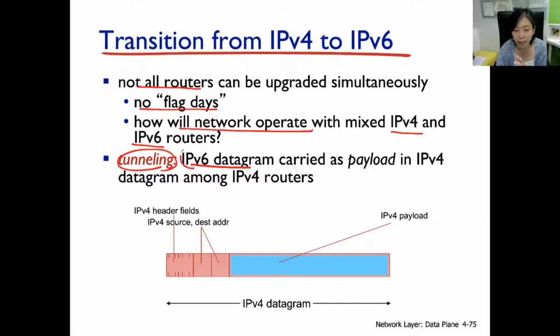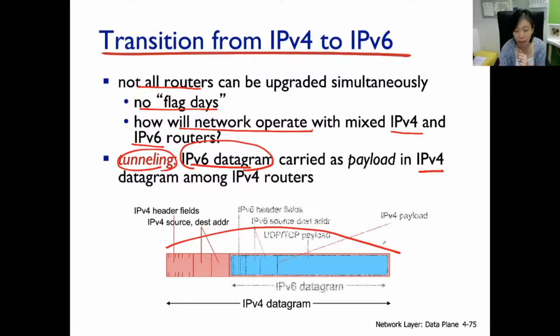Take the IPv6 packet generated in the IPv6 space and encapsulate that into an IPv4 packet. So this is the IPv4 packet, and this is the original IPv6 packet generated from the IPv6 space.